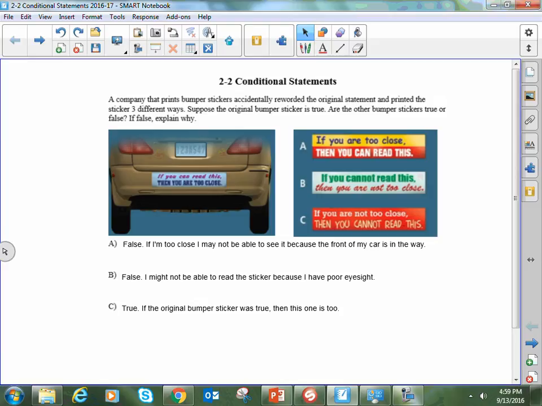Now, before we move on, I want you guys to understand the idea of when a statement is true and when a statement is not true. In math, particularly in geometry, if a statement is true, it must be true 100% of the time. If a statement is false, it only has to be false once.